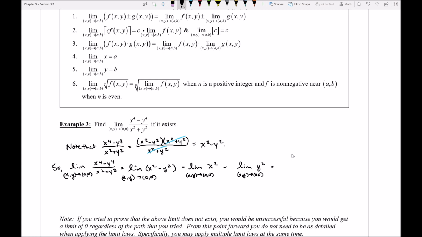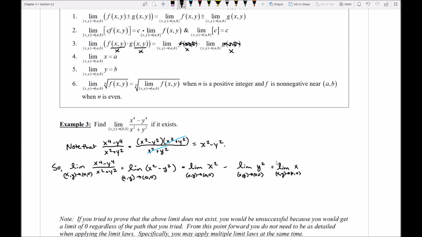I could actually go ahead and rewrite this as a limit as x comma y approaches 0, 0 of x, and then I could multiply that by another limit of x again, right? So I'm just using this property where I'm imagining this piece is x and this piece is also x. So I'm going to end up with a limit where I have x and I also have x.